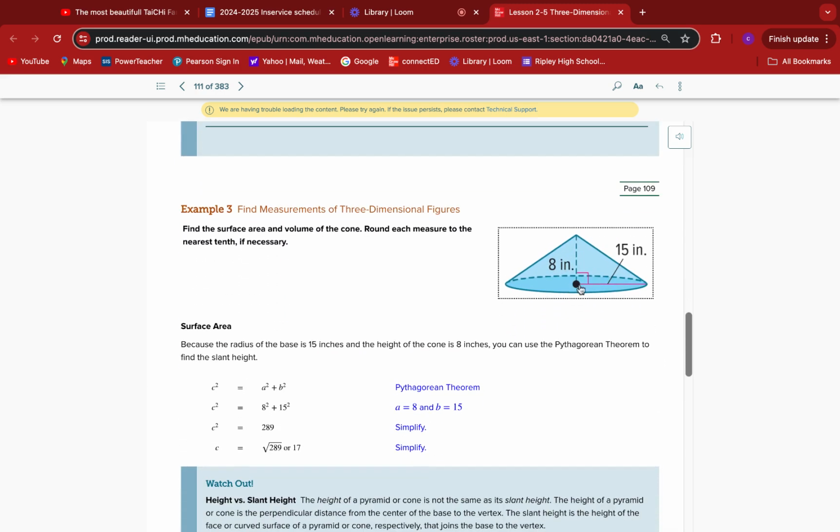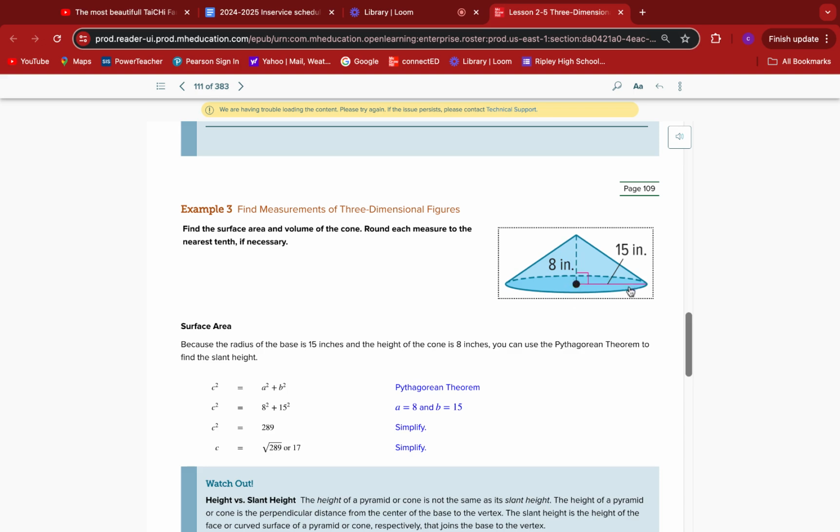Well, I see that 15 is being pointed towards that little red line, which is my radius. And the 8 is on the inside of this cone, which is my true height. And I do not have the L, which is slant height. But I do see a right triangle sitting inside the cone, which means I need to do the Pythagorean theorem to find the hypotenuse of this right triangle, which is the slant height L. And that is exactly what they do for me.